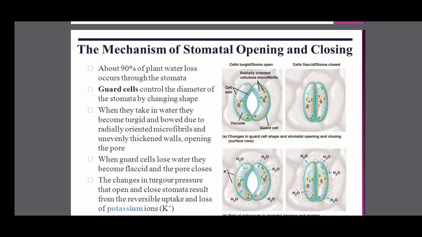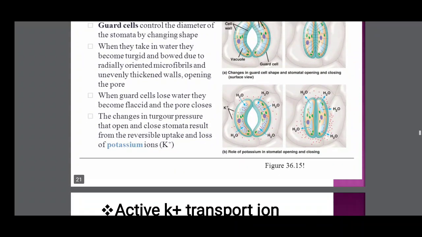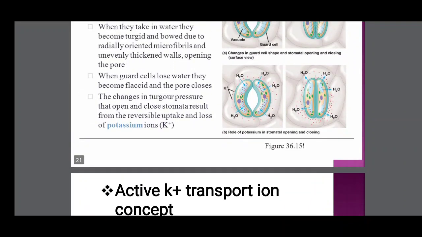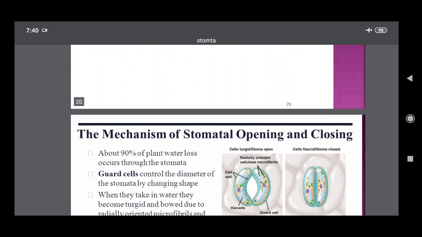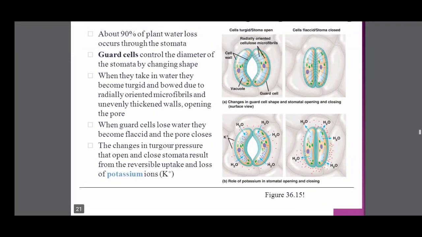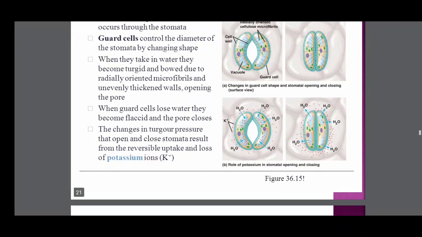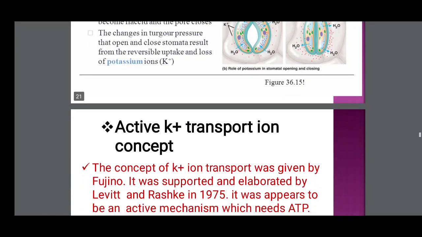So, the turgor pressure in the guard cells and flaccidity are brought about by sugar levels rising, sugar levels falling, and potassium ions export or import. Many theories explain the potassium ion transport from the guard cell to the subsidiary cell and from the subsidiary to the guard cells, mainly explaining stomatal opening. So the active potassium transport ion concept is the best theory for explaining stomata opening and closing.